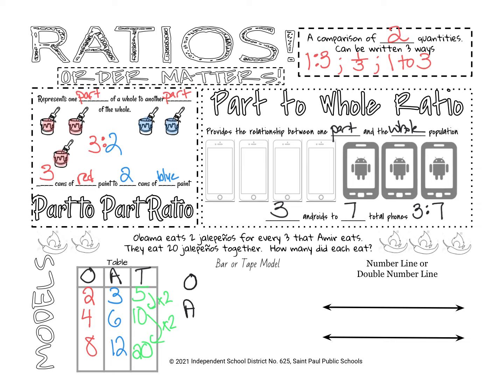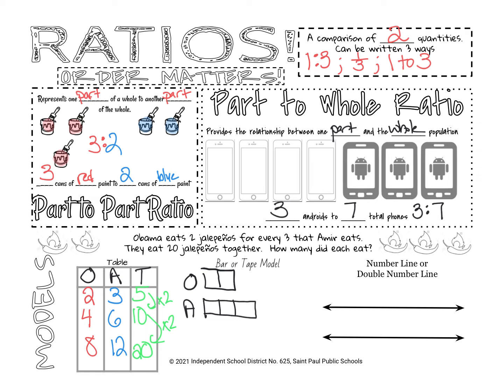But this time, instead of writing out the numbers, I'm going to create a box for every jalapeno that Obama eats. So Obama ate 2, so I'm going to cut my box into 2. Amir ate 3, so Amir is going to get a slightly bigger box, cut into 3 pieces. So these boxes now represent that 2 to 3 ratio that was shared in the problem.